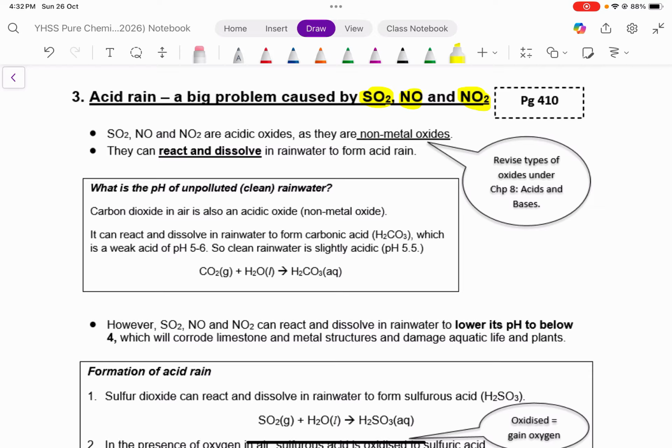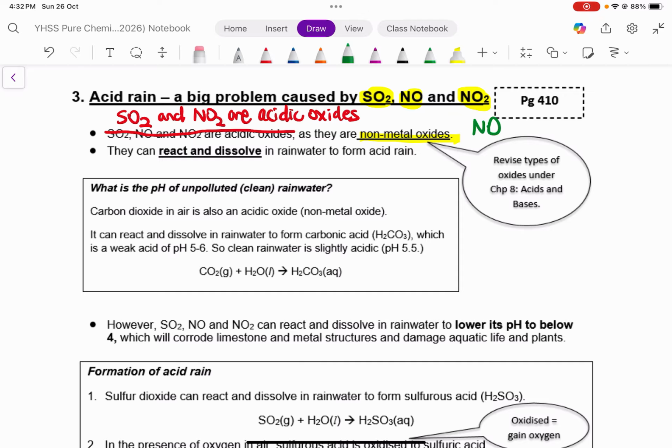Alright, now first, there is actually a mistake in the first sentence, right? Only SO2 and NO2 are acidic oxides. Okay, so please cross out the first sentence. Only SO2 and NO2 are acidic oxides. And why are they acidic? Because they are non-metal oxides. Then what about NO?